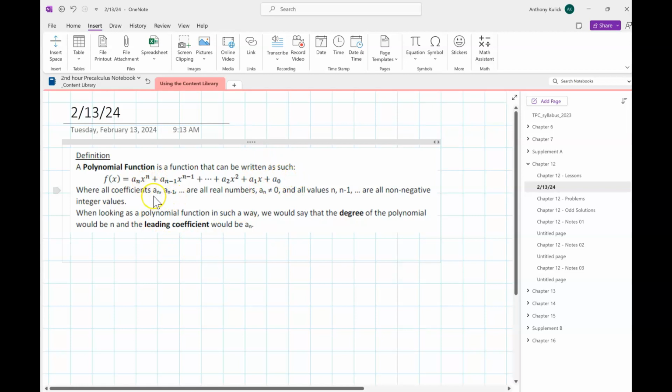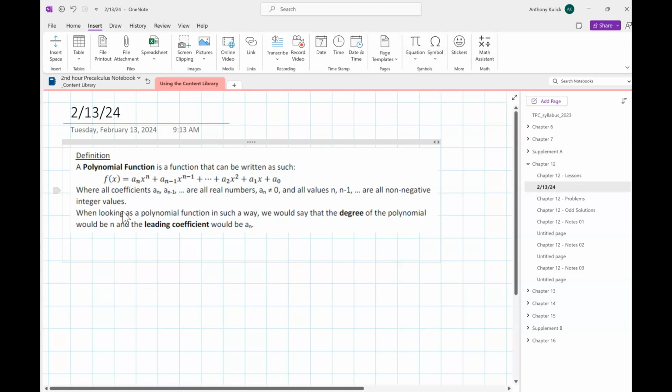All of these coefficients are real numbers, and all these exponents have to be non-negative integer values.